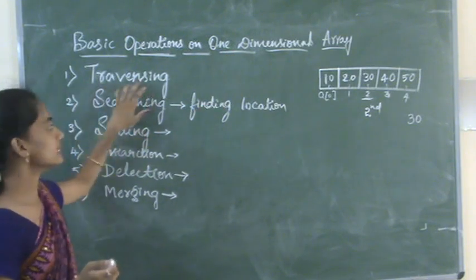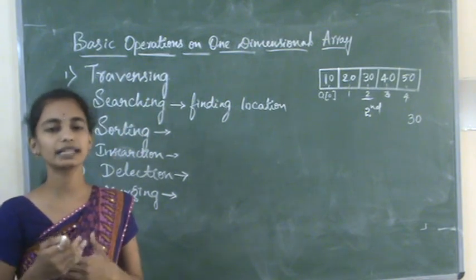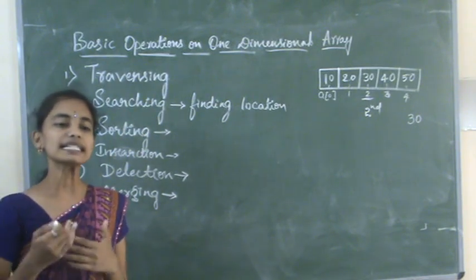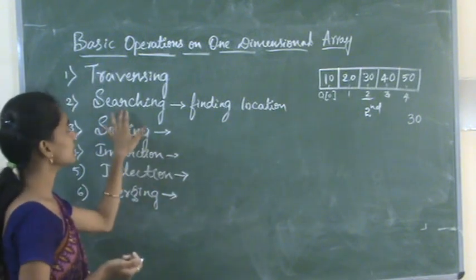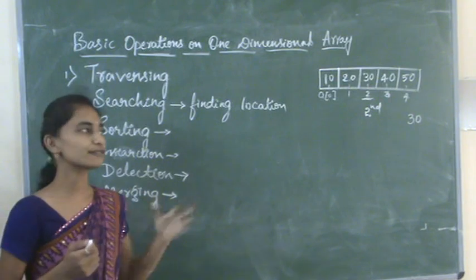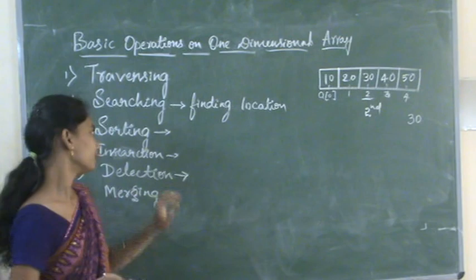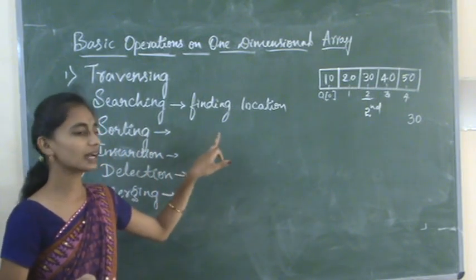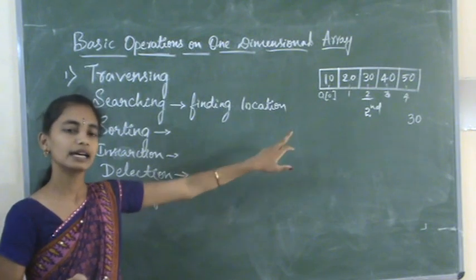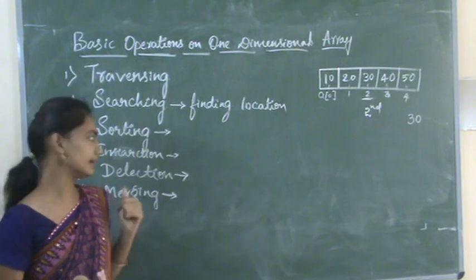So first one is traversing. Traversing means accessing the array elements at least once to perform some operation. Next one is searching. Searching means finding the location of the element in an array. Next one is sorting. Sorting means arranging the elements in an array in some order, either ascending order or descending order.